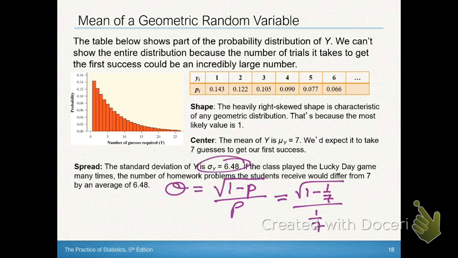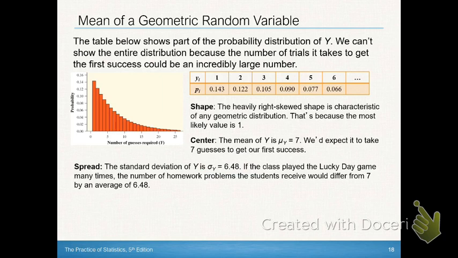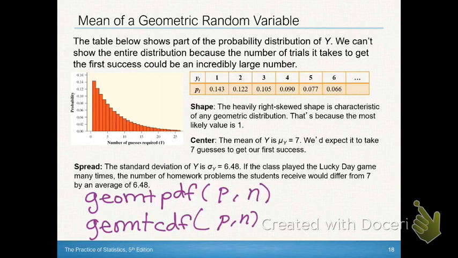Now, just like you could use your calculator to calculate binomial probabilities, you can do the same thing for geometric. So you're going to go into that distribution menu, and you're going to look for the last 2 items on the list. They're near the bottom for geometric. And here is the setup that you'll use. Just like you had a PDF and a CDF option for binomial, you have the same thing for geometric.